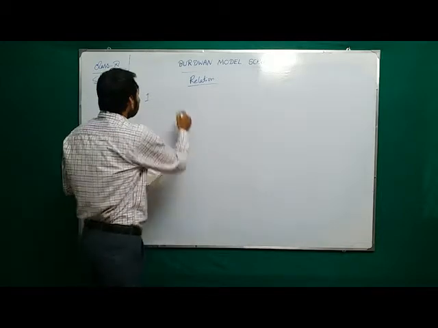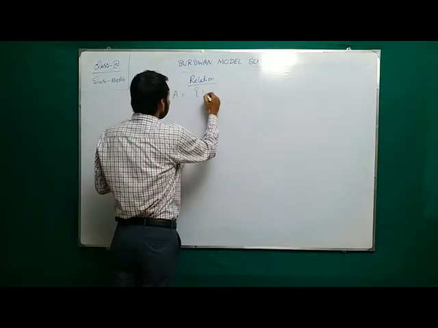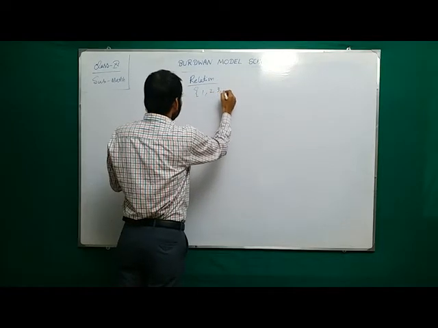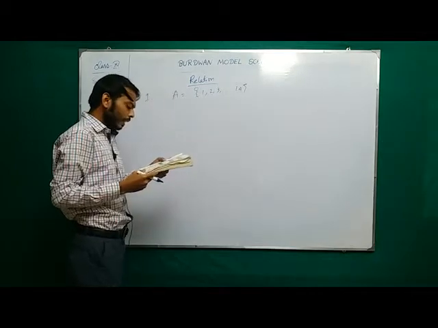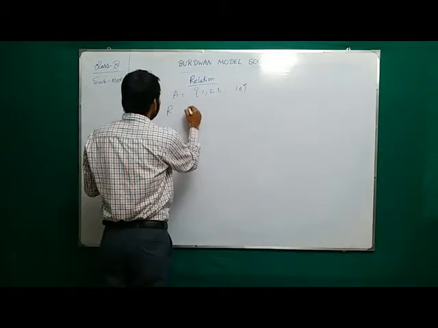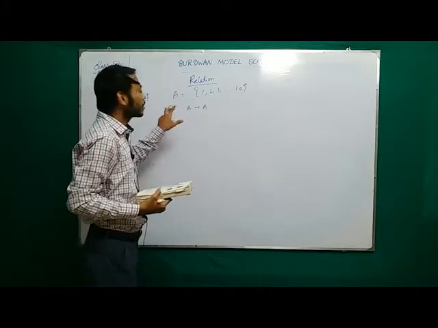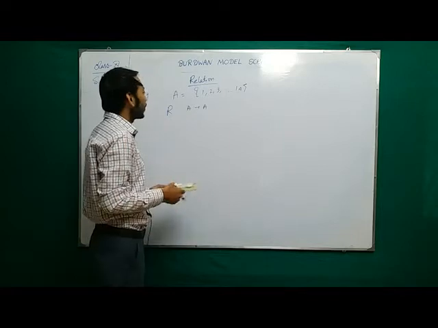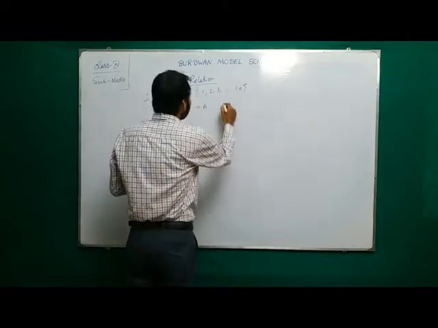Here the set A is given as 1, 2, 3, dot dot dot, 14. Here the relation is defined as R from A to A. The relation is defined on A. This is actually called a binary relation, a special type of relation.